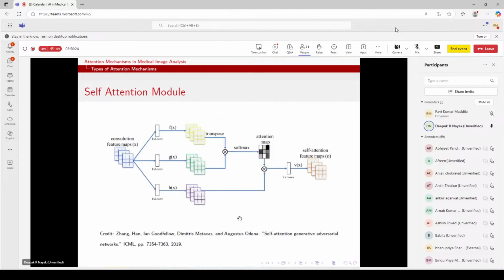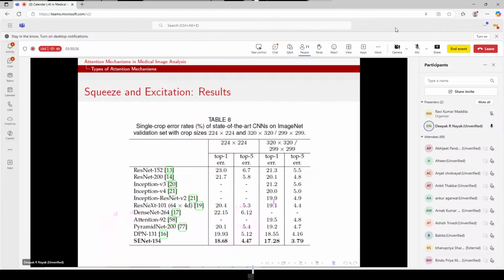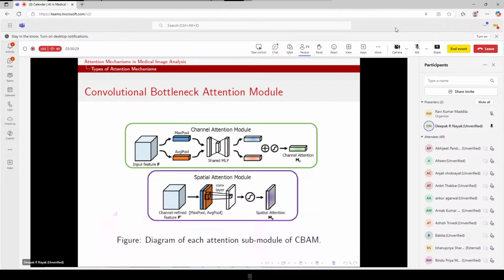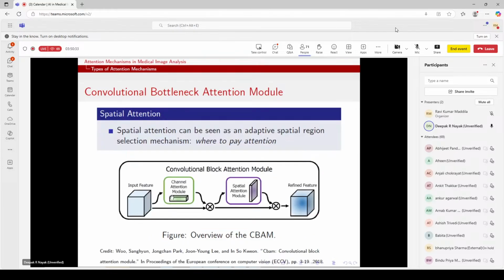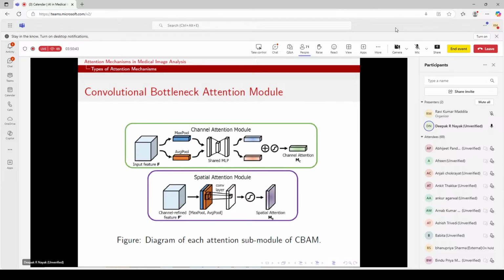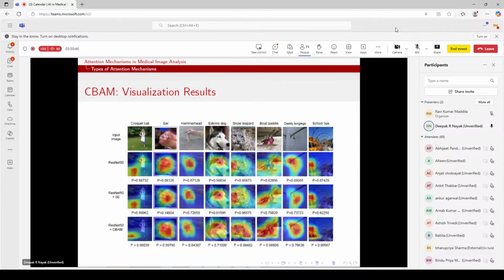And that has also been proposed in another kind of architecture known as BAM. If you go through the literature, you will find people have combined channel attention and spatial attention in various ways. And the two common ways are sequential connections and parallel connections, as I mentioned. So that you need to check. And there are some visualization results I have. You already know what we mean by Grad-CAMs, heat maps.